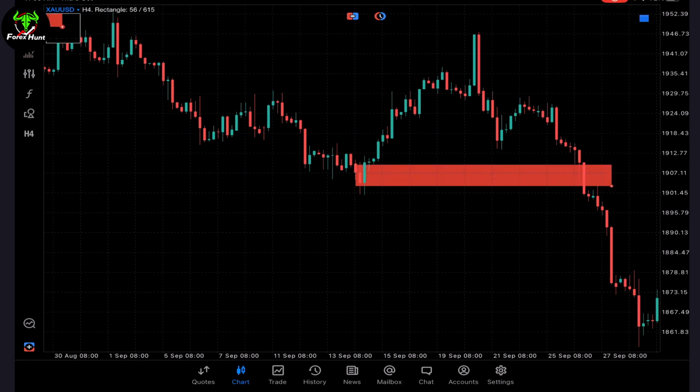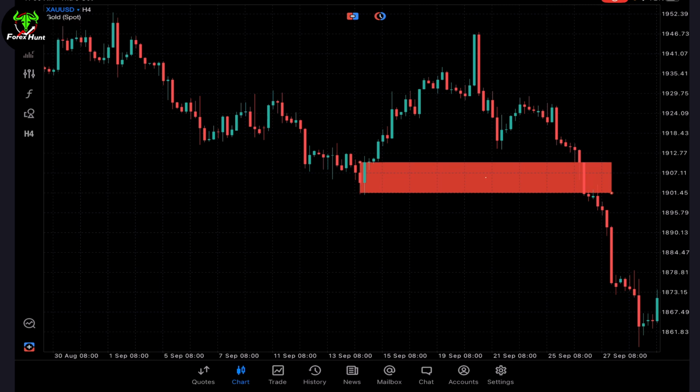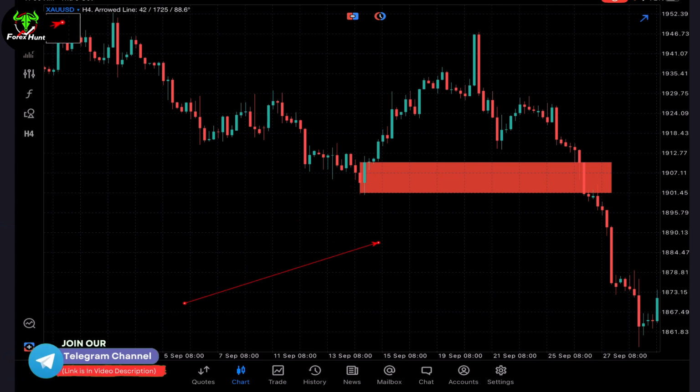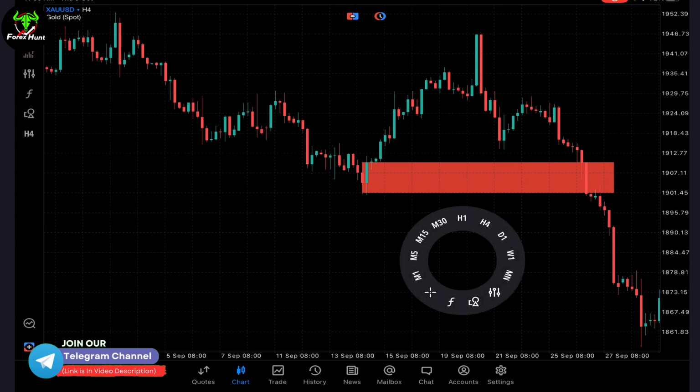This is an H4 order block for buy. Okay, this area is a perfect H4 order block, guys. 3 candles engulfed the red candle and it made an order block. Now this is an H4 order block.